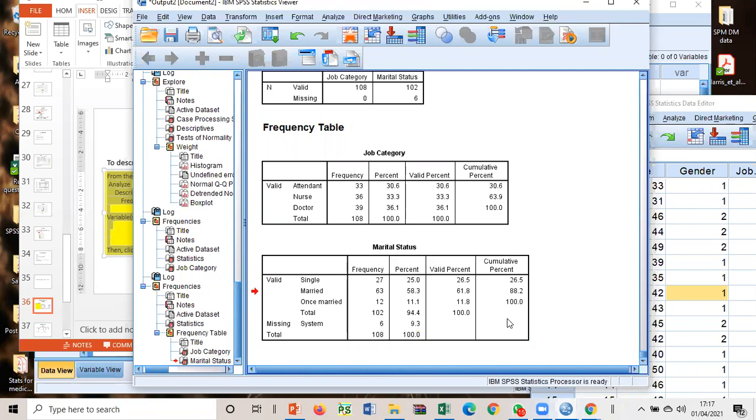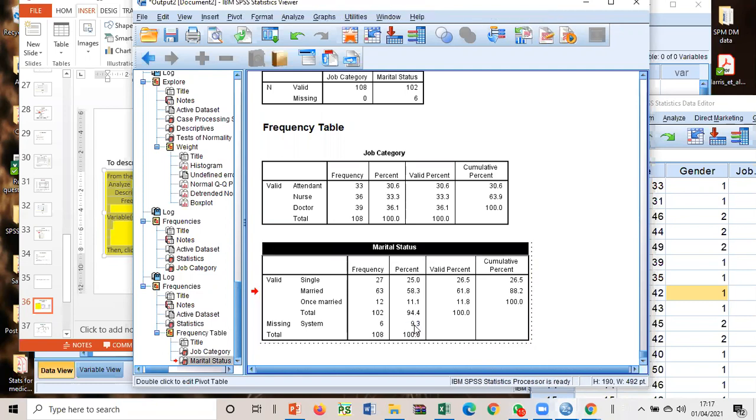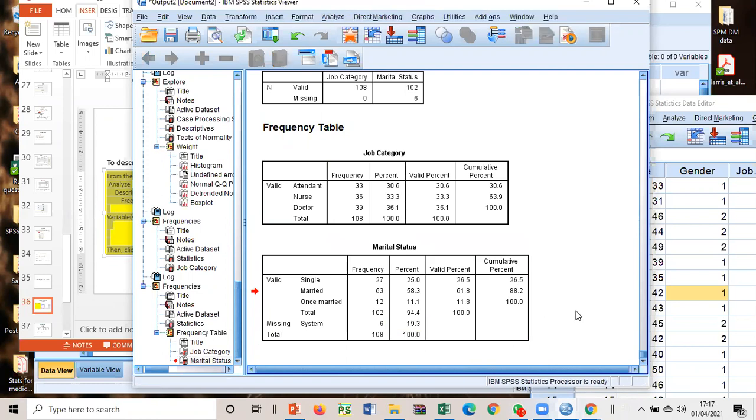If this is 19.3%, then we say there are too many missing. Either data collection is poor, or people did not understand the question, or it's a very sensitive question and people don't answer. So whenever there are missing values, we refer to the valid percent.